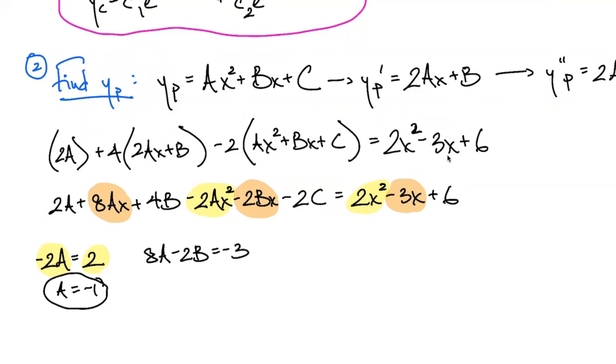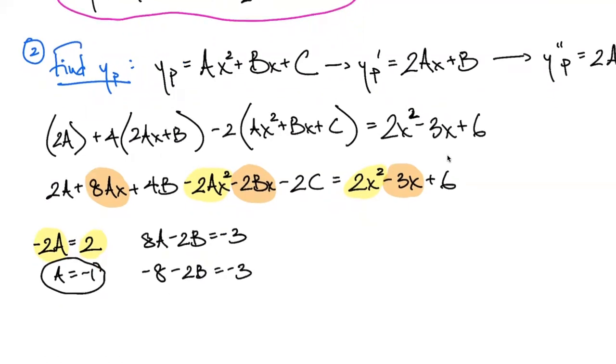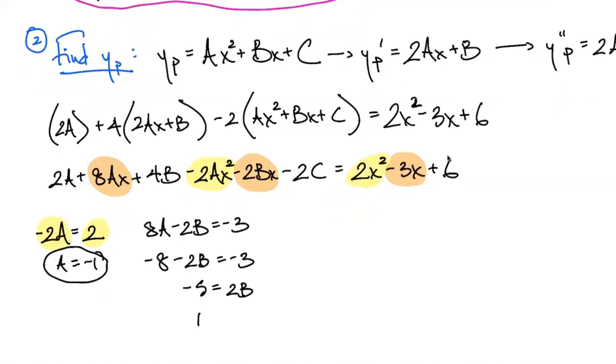Now, because I already found a, I can plug that in and find a value for b. So negative 8 minus 2b equals negative 3. Let's see, I get negative 5 equals 2b, and I get b equals negative 5 halves.